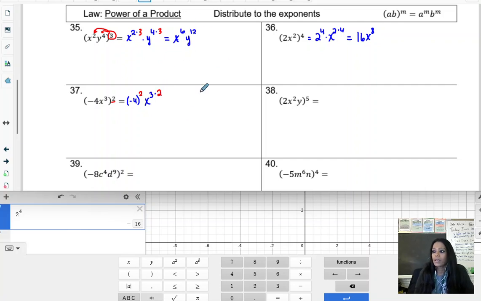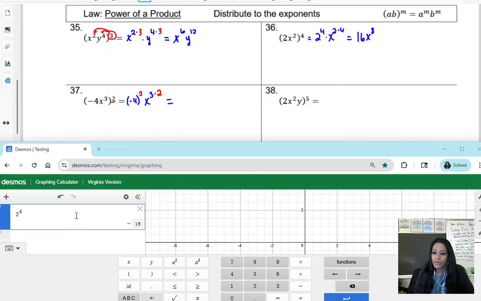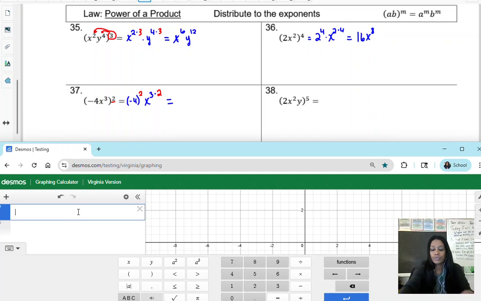And then you have negative 4 squared. Now, negative 4 squared is the same thing as negative 4 times negative 4, right? You can just put negative 4 squared in the Desmos, but I just want to show you what all this means. Negative 4 times negative 4 is a positive. 4 times 4 is 16.